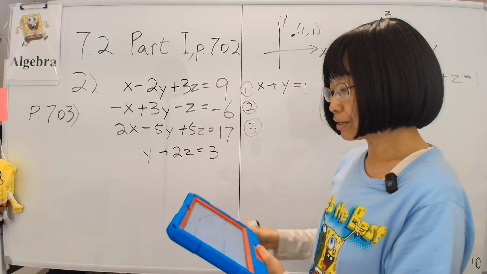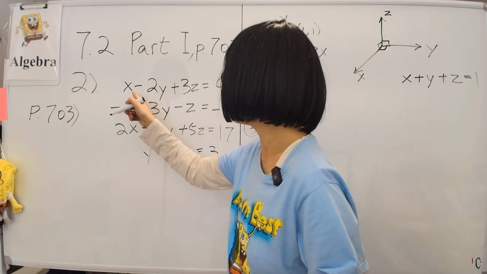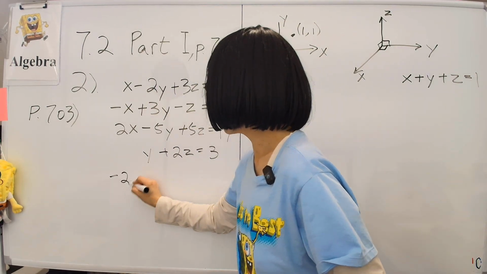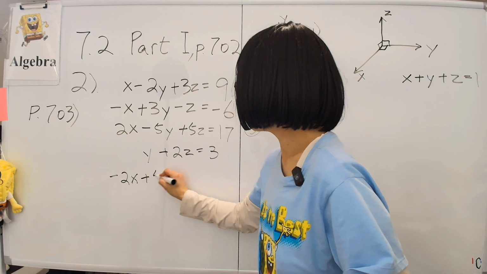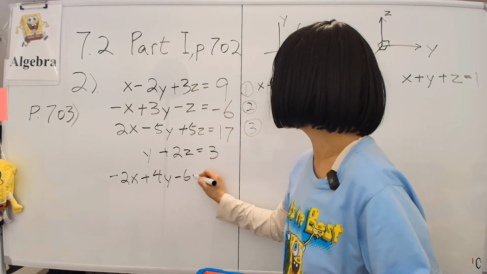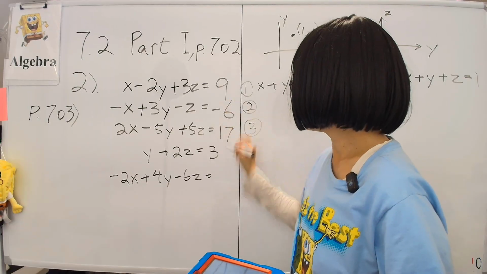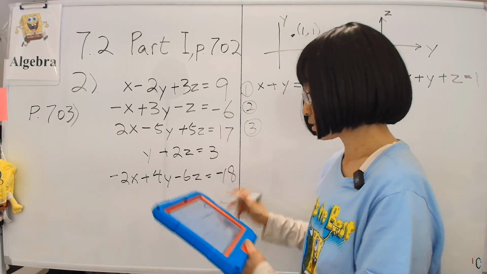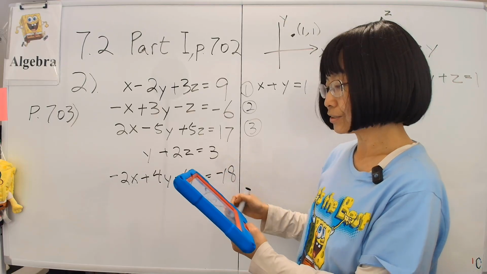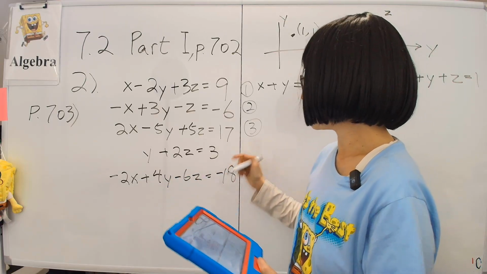Equation 1 multiplied by minus 2 gives minus 2x plus 4y minus 6z equals minus 18.